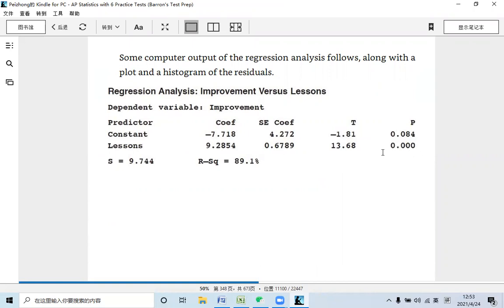What does it mean to be statistically significant? A statistically significant result would have a large p-value or small p-value? Remember that. If a test is statistically significant, would you have a large p-value or small p-value?